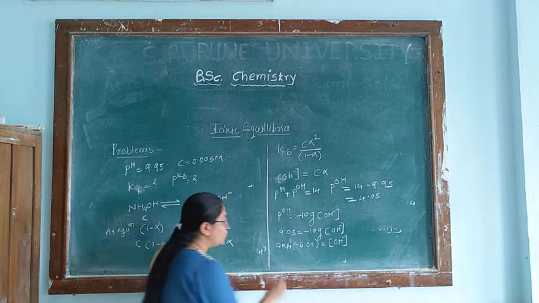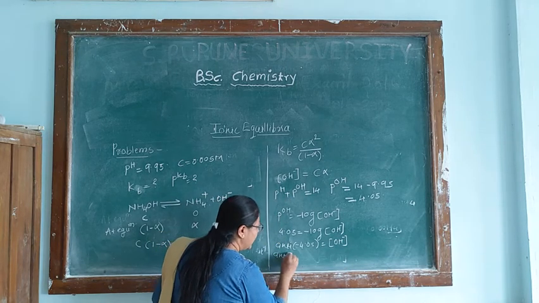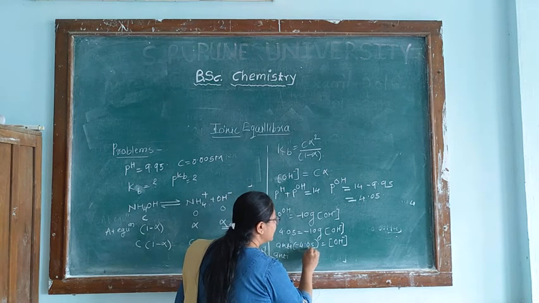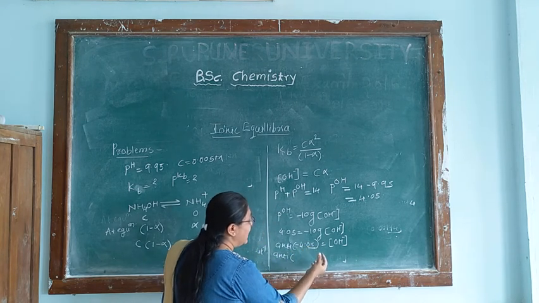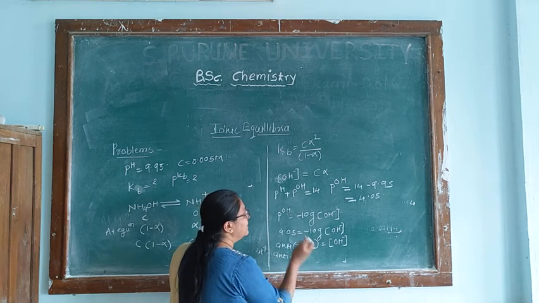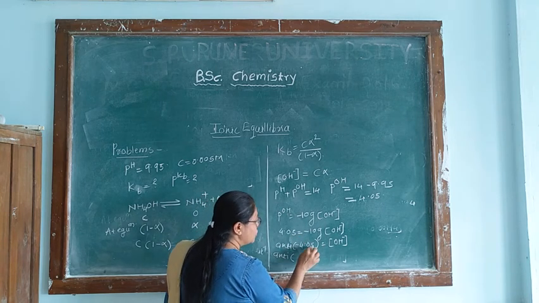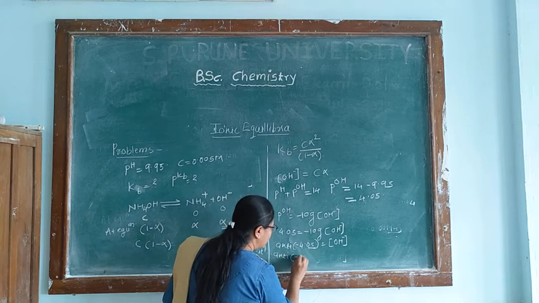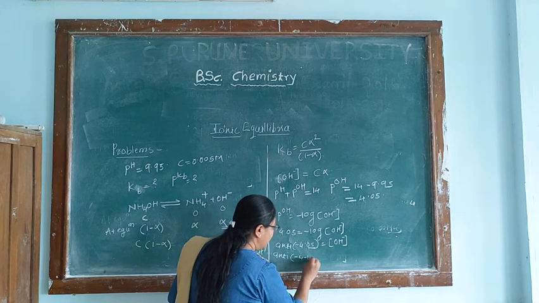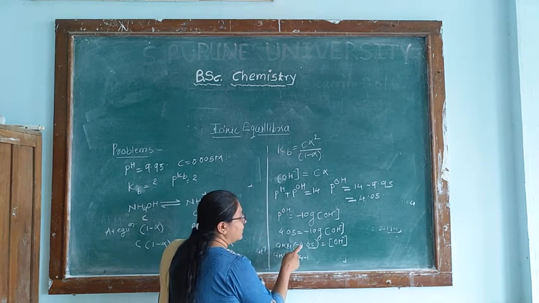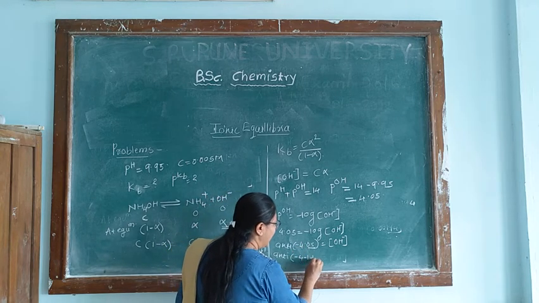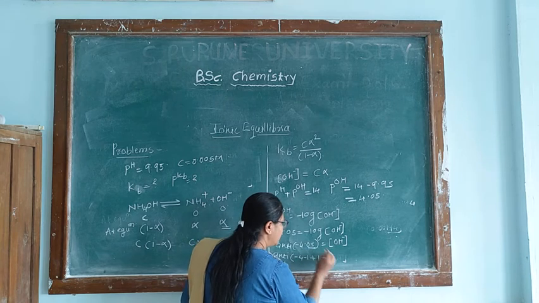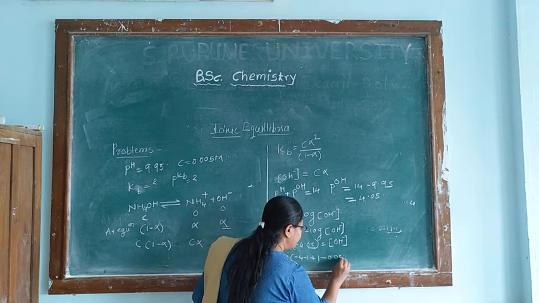Now to solve this, first we have to make this positive, because we cannot take the antilog of a negative term. So how can we make it positive? By plus 1 and minus 1. Subtract 1 from this minus term and add 1 to the remaining term.